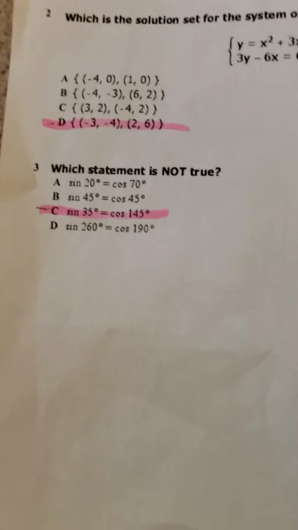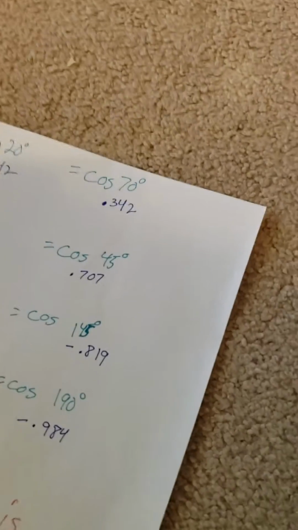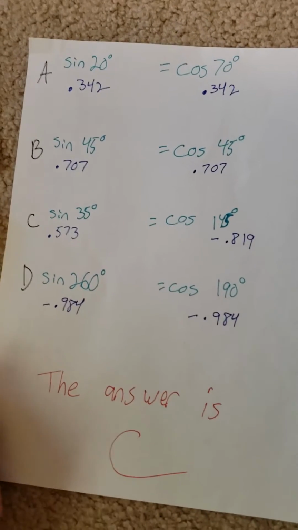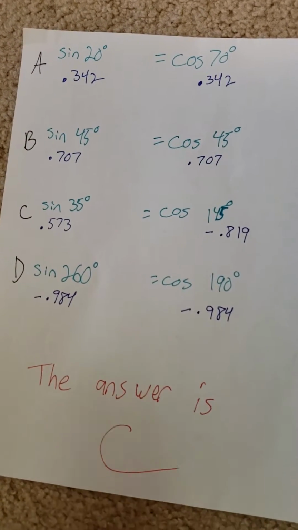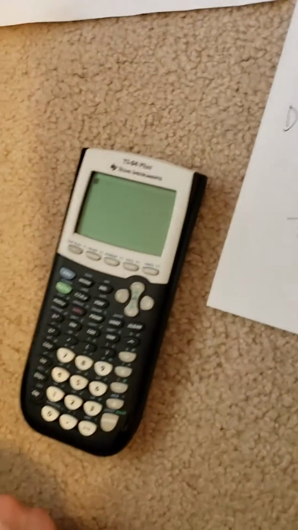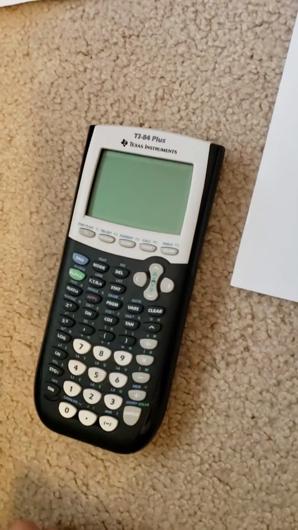So, which statement is not true? We have to find which statement does not equal. So we have our sine and we have our cosine.